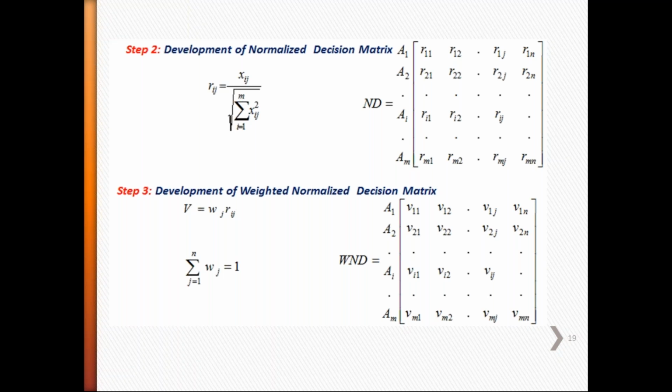Like that, because each column corresponds to a particular criteria, the entities of that particular column are to be multiplied with the priority weight of that particular criteria. So we'll get the weighted normalized decision matrix.